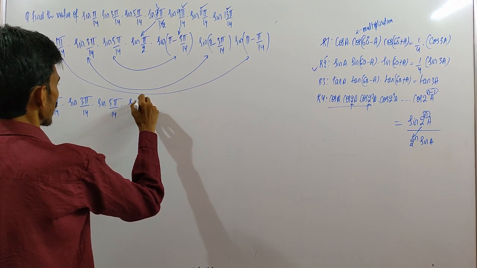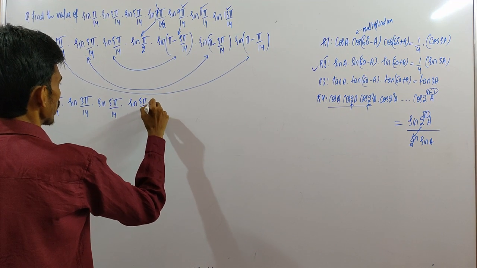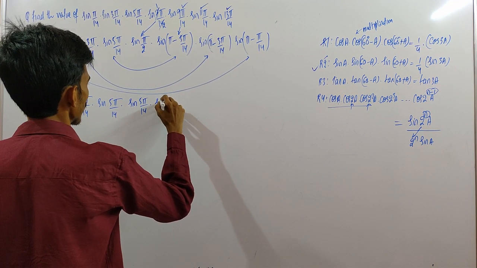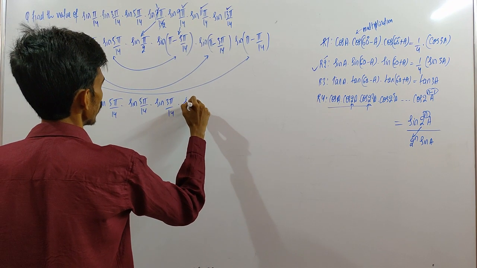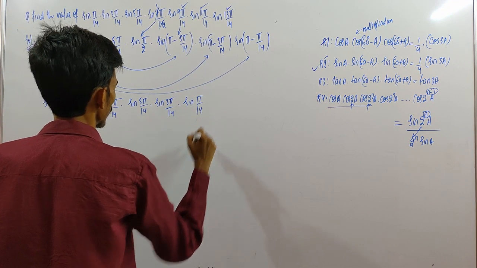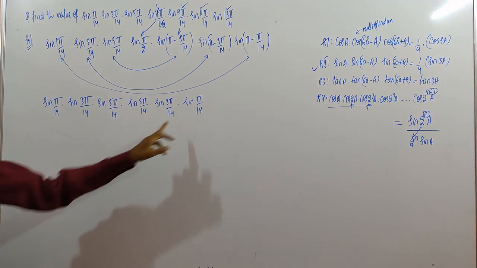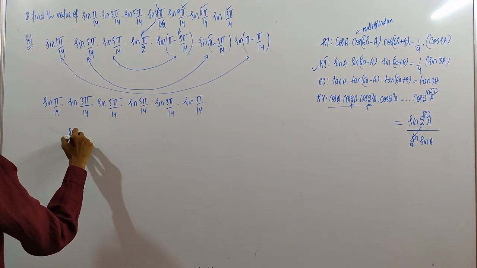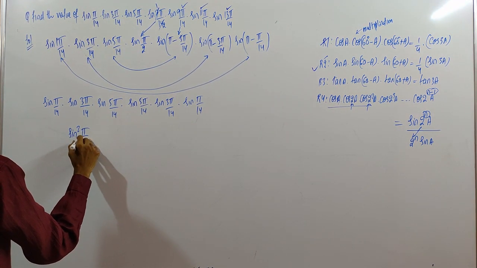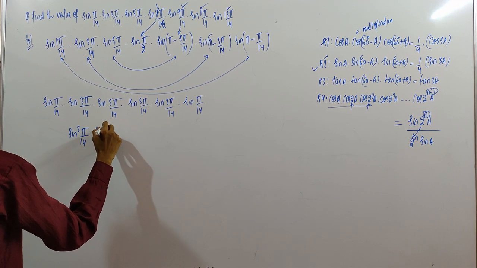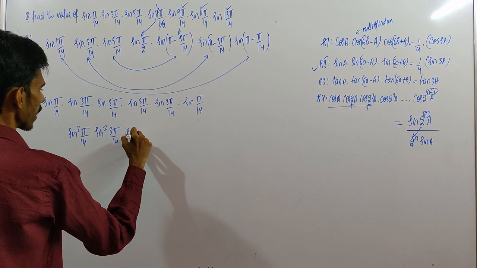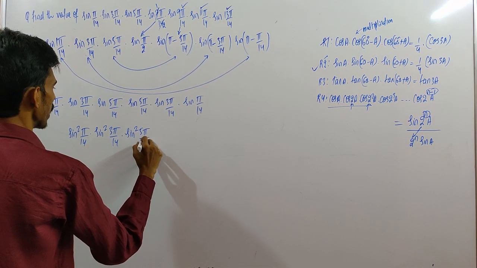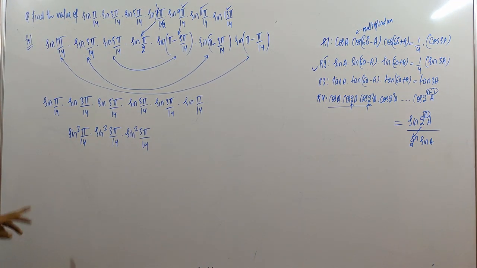So it will become sine 5 pi by 14, sine 3 pi by 14 into sine pi by 14. Here we have these two. So it will become sine square pi by 14 into sine square 3 pi by 14 into sine square 5 pi by 14.